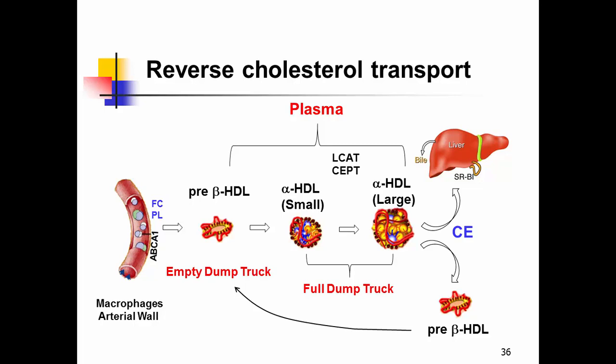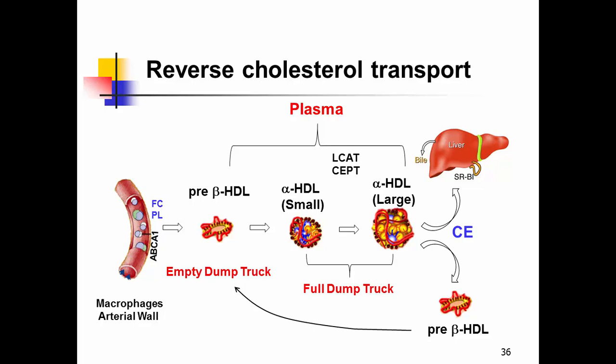This conversion process involves multiple reactions. There are multiple enzymes, factors, and proteins involved in the conversion between alpha HDL and beta HDL.